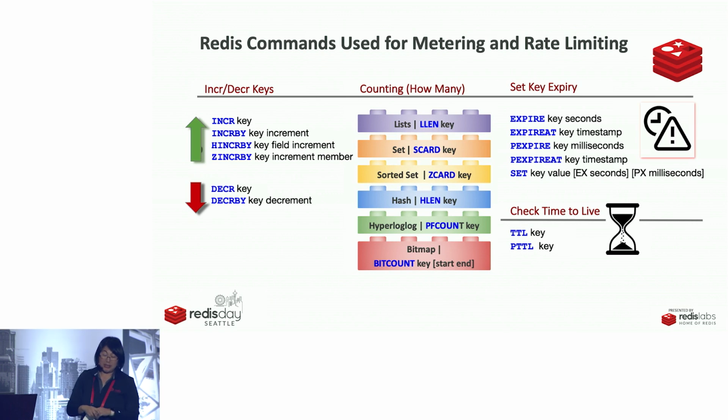The other nice thing is that you could specify it at the millisecond level. So if you want super granular control over the life of a particular key or resource, you could do that within Redis. And then if you've set a lifetime on something, you'd want to know what lifetime you have remaining. Hence, you get the TTL and the PTTL commands.